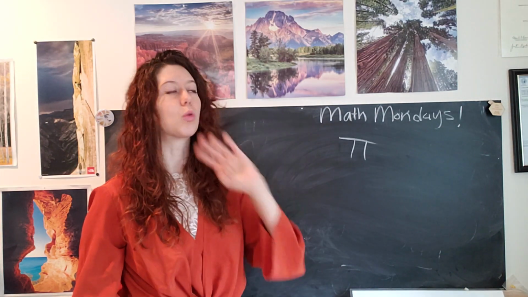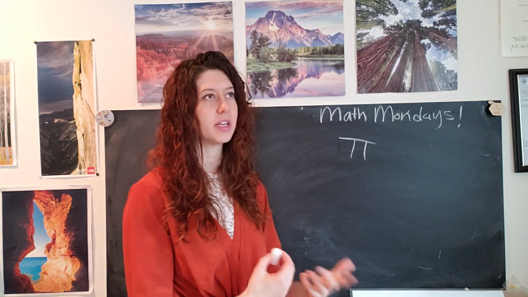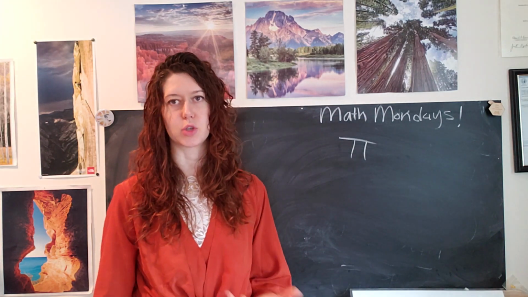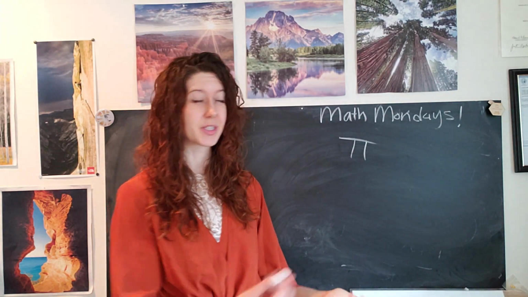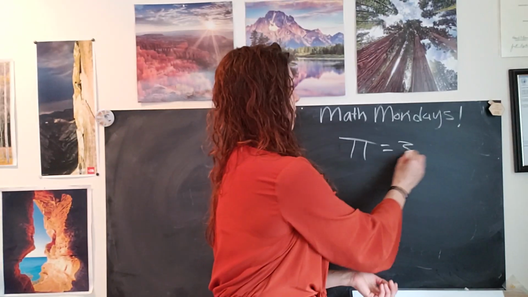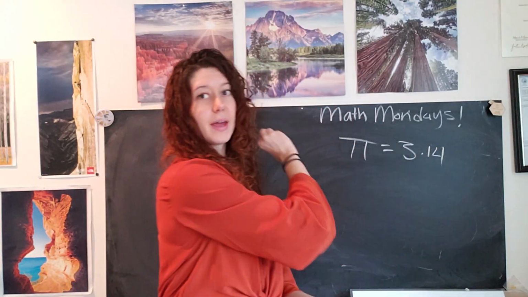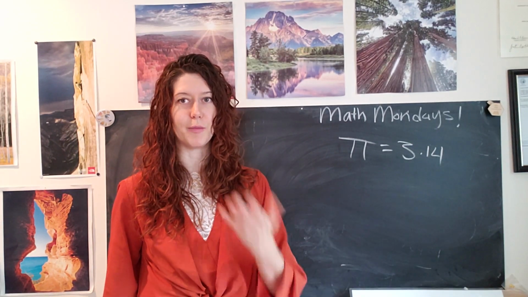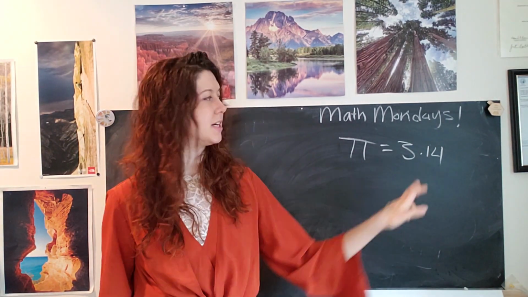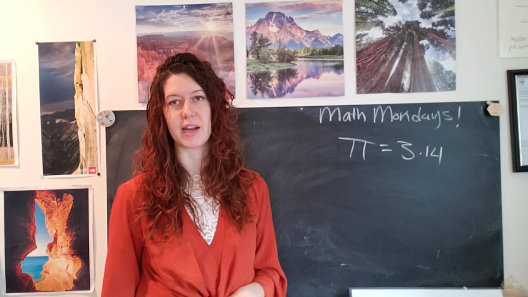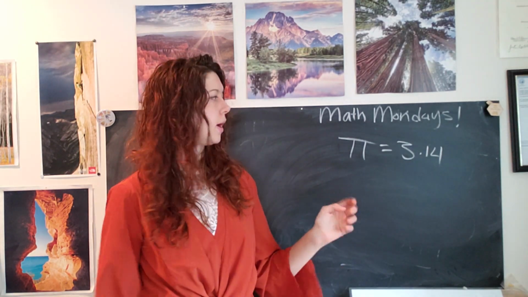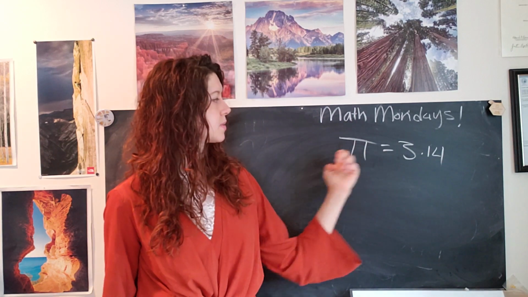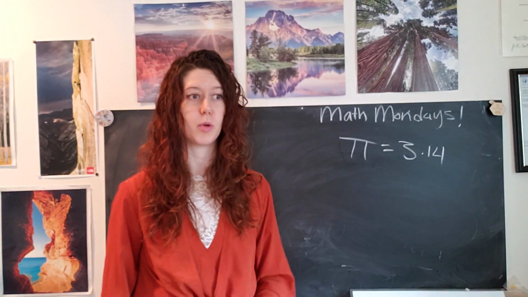So most of us will recognize this as the constant used to represent the ratio between the circumference and area of different circles. And at some point, most of us had to memorize that pi is the number 3.14. For those of you that went above and beyond in math class, you'll memorize more of those digits than I did. But we use this symbol to represent this number because pi shows up all over the place.